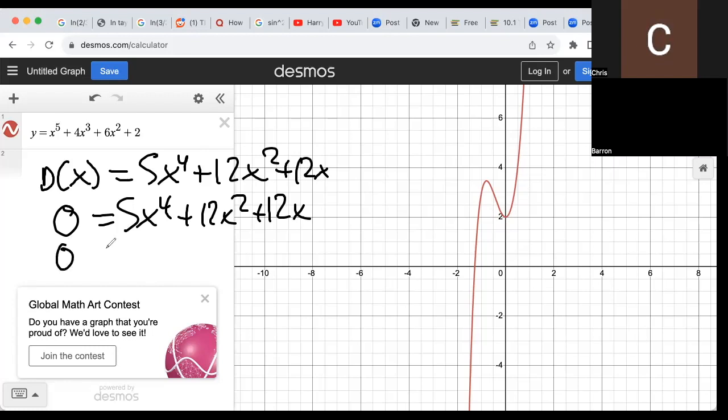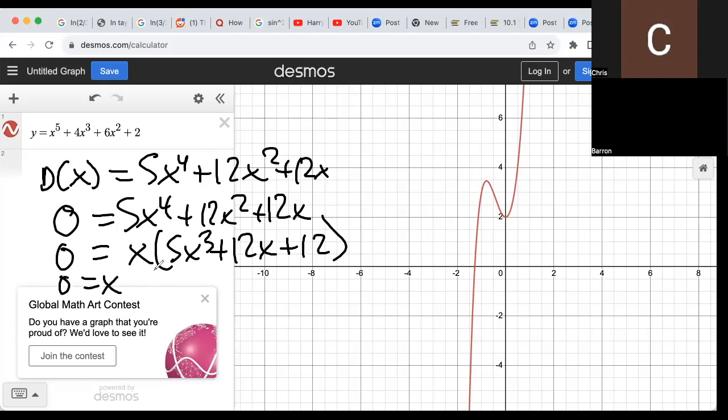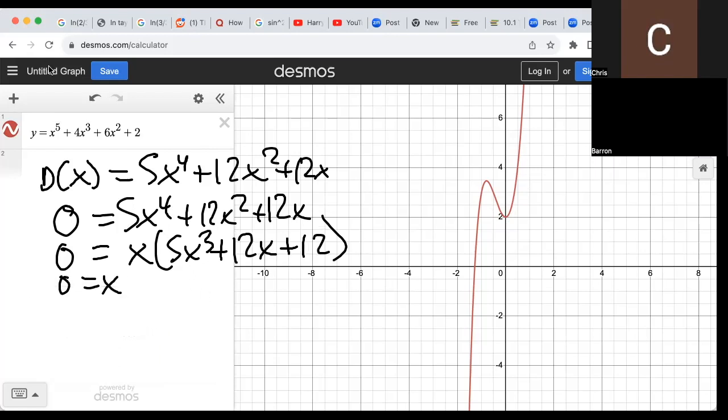If you were solving this equation, you would factor out an x. And then that means 0 equals x. And 0 equals this terrible equation that you probably can't even solve. But 0 equals x, that's one of the solutions, right?